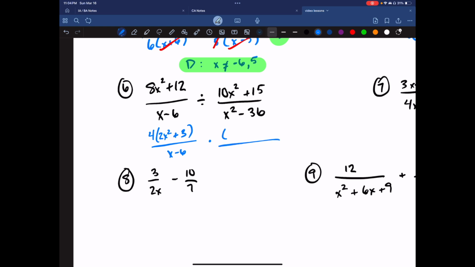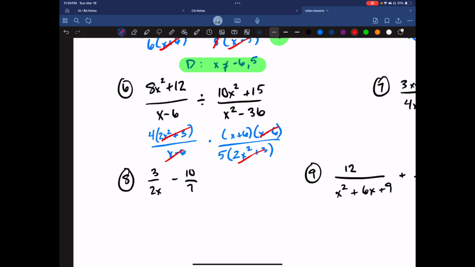So 10x squared plus 5, I'm going to take a 5 out. That's going to be 5 times 2x squared plus 3. And then the x squared minus 36 is going to be x plus 6, x minus 6. And so I can get rid of the 2x squared plus 3 and get rid of the x minus 6.